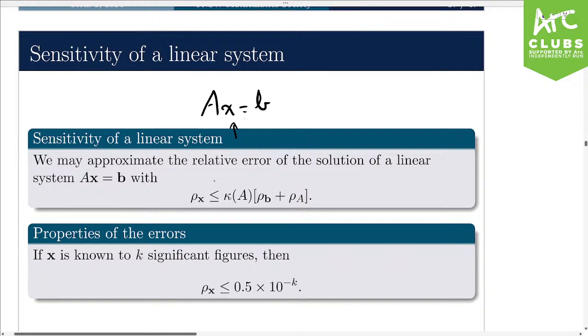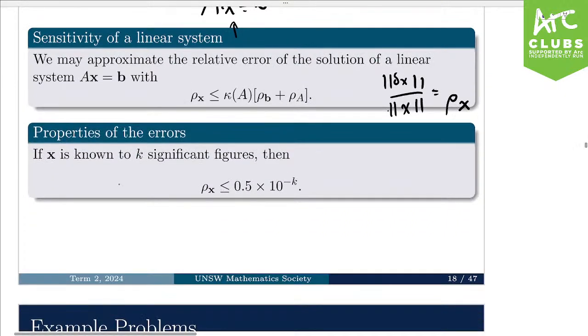So here we have the approximation that the relative error in x, which is the error in x over the size of x, is less than the condition number times the sum of the relative errors of A and b.